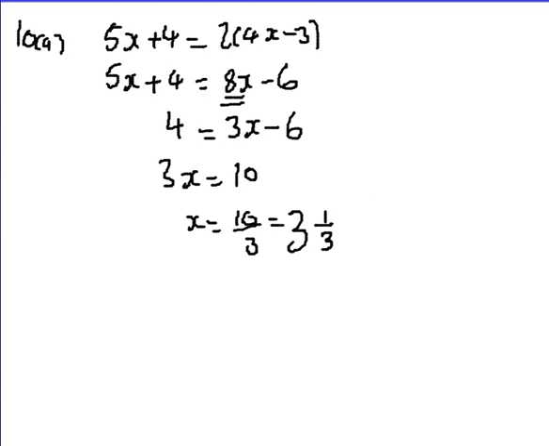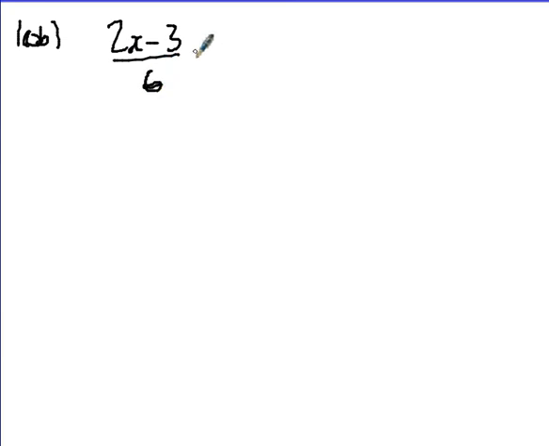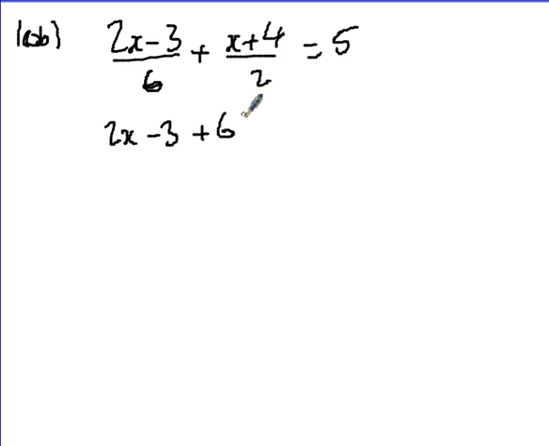We then go to the next question, which is B. So what I'm going to do is just rub this out here, so I've got enough space to work. So for part B, we've got 2x minus 3 over 6 plus x plus 4 over 2 equals 5. Well, step 1, get rid of your 6, so your 6 times up to here and times up here. So it's 2x minus 3 plus 6 lots of this number, which you don't know what it is.